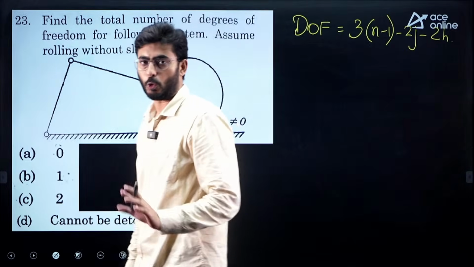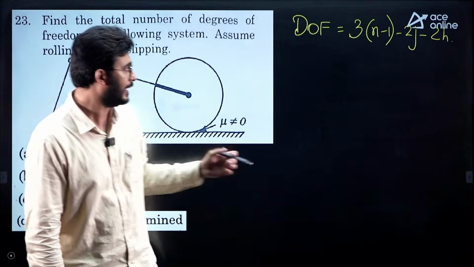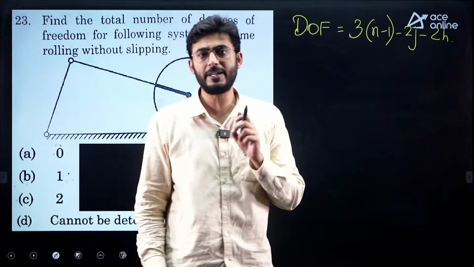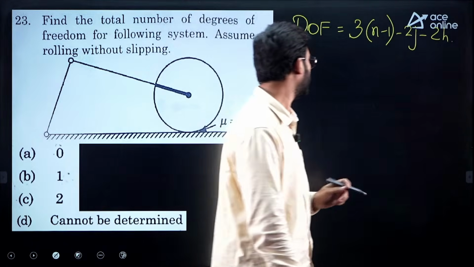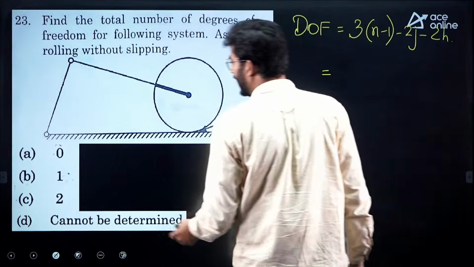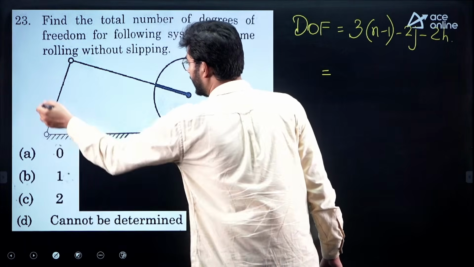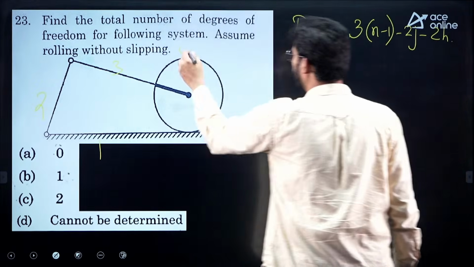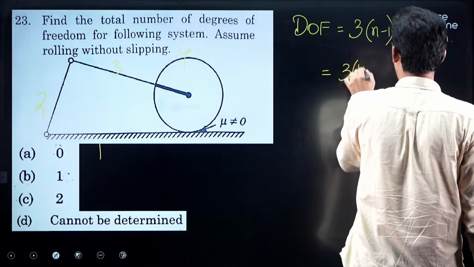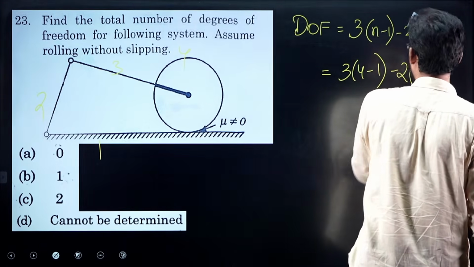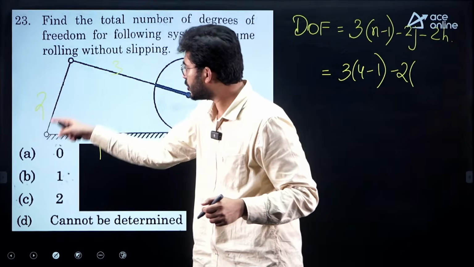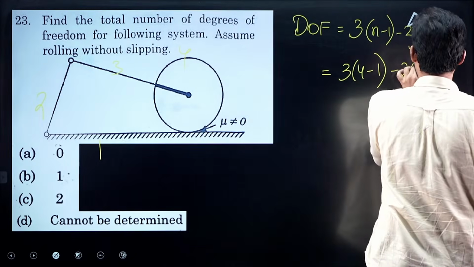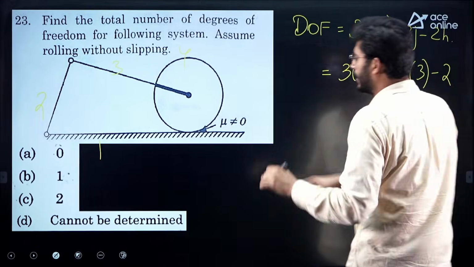If both rolling and slipping are permitted, then this 2h will be replaced by 1h only. Here the number of links you can identify: that is the fixed link, link number 1, this is link number 2, 3 and 4. So this is 3 into 4 minus 1 minus 2 into the number of lower pairs, that's 1, 2 and 3, 3 lower pairs, and 1 higher pair.